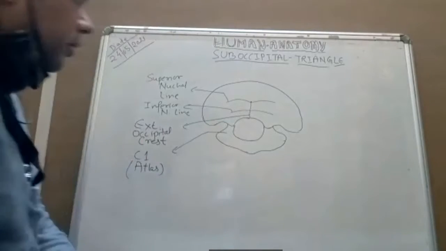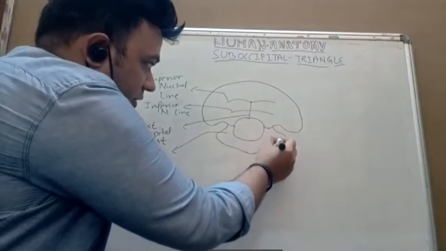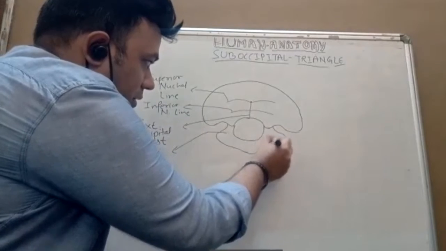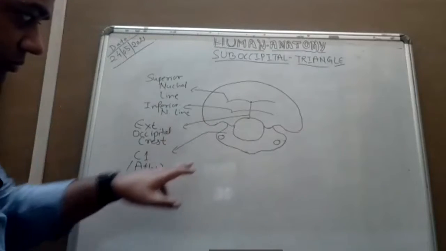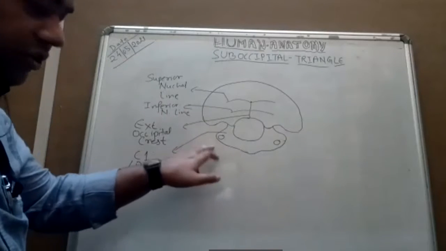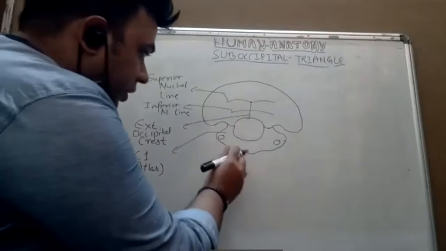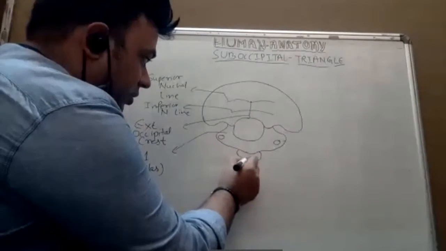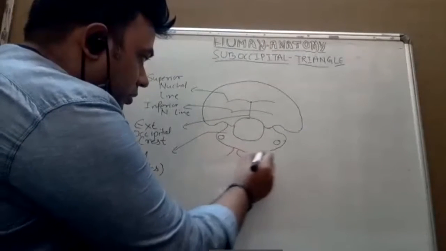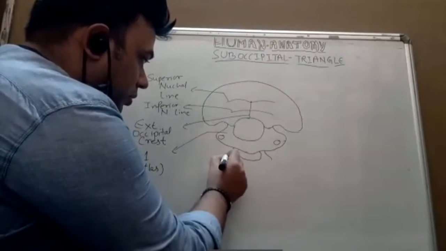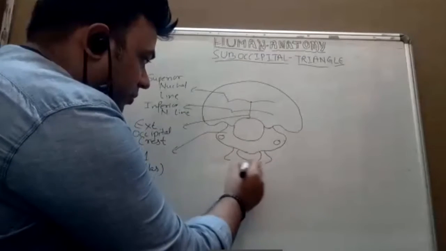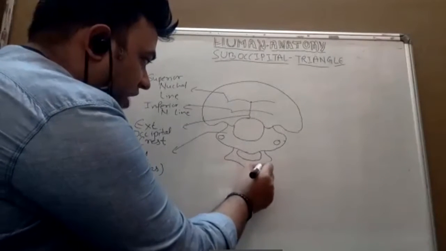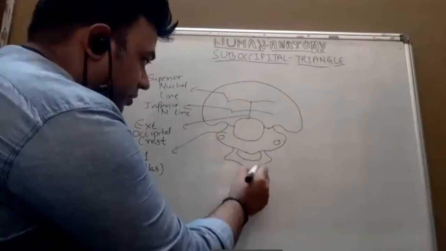Now, on the lateral tubercles of this vertebra, there is a foramen. Got it? So, what is the structure passing through? I will show you later on. Now, below that, there will be the second cervical vertebra. The transverse process of that, this is the bifid spine.